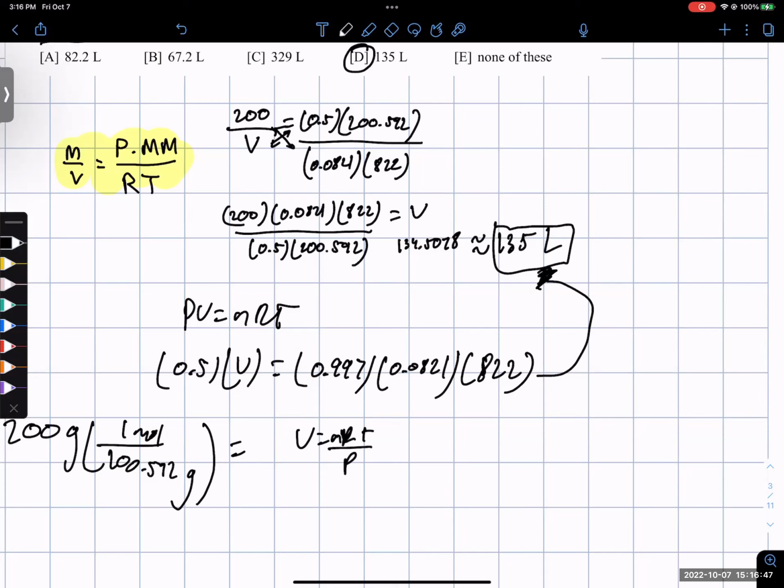But sometimes they give you the amount of moles, and then you would directly use PV equals nRT. It's practice identifying when to use each equation. Any questions about that problem at all?